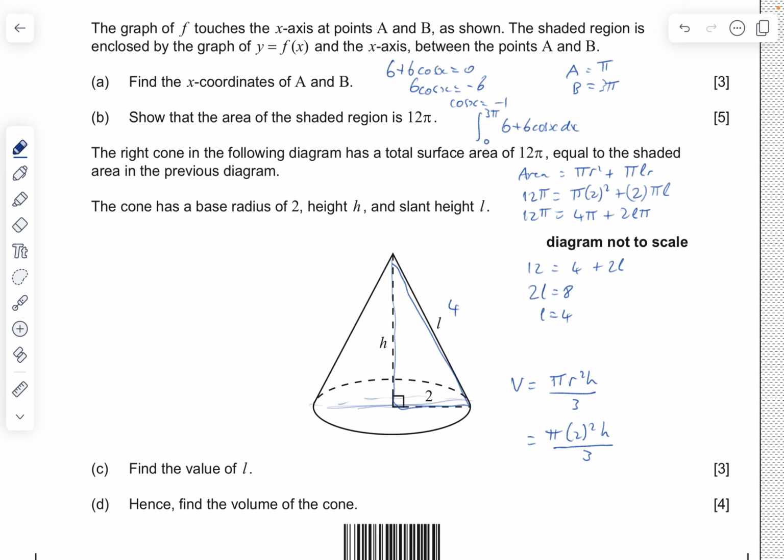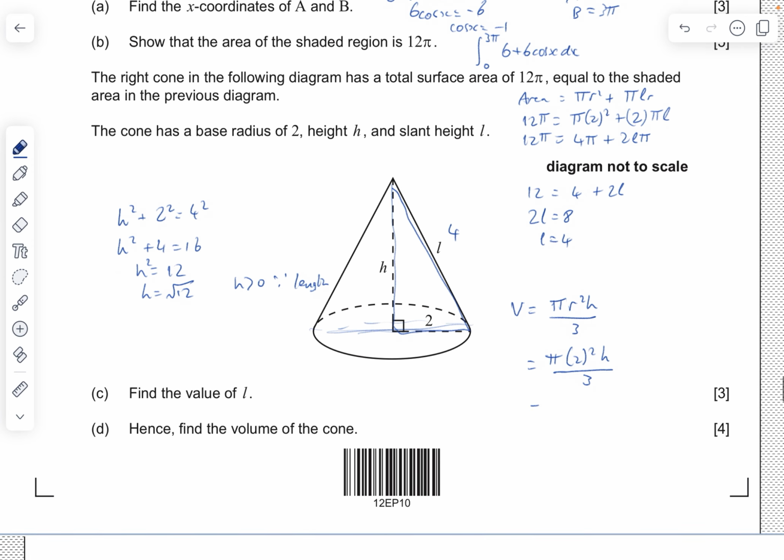Right angle triangle, so we use Pythagoras. So h squared plus 2 squared equals 4 squared. h squared plus 4 equals 16. h squared equals 12. So h equals root 12. h is greater than 0 since it is a length.